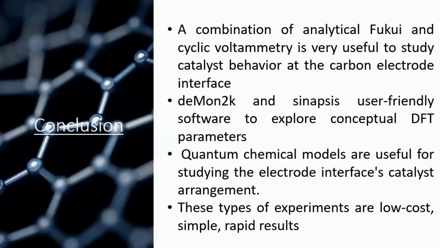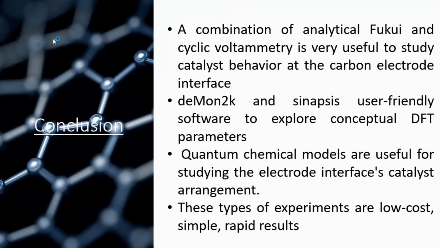So at the end, what I want to say is that nowadays almost all labs have a cyclic voltammetry potentiostat. Even some basic undergraduate colleges also have this. And the use of this potentiostat is that you can develop a sensor and you can understand the electrode interface.